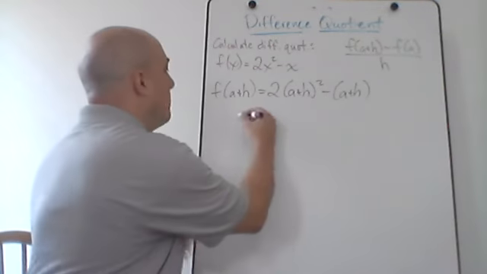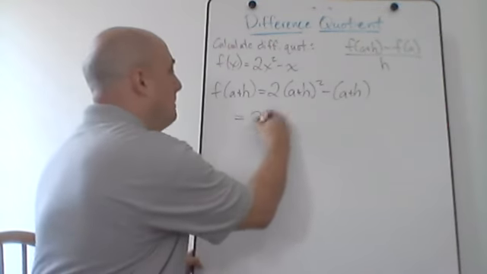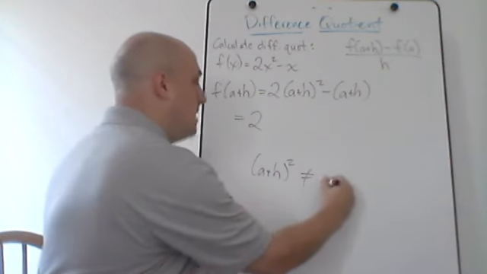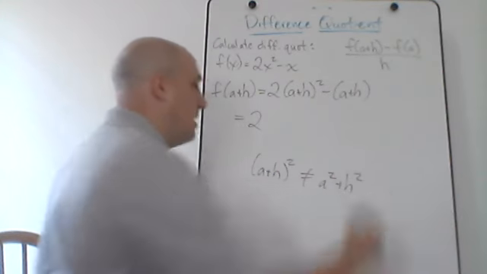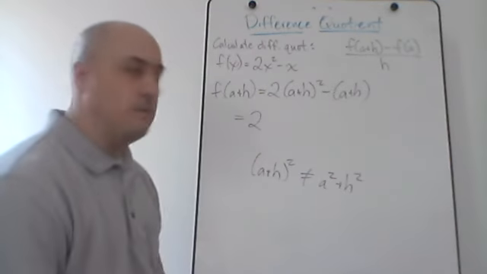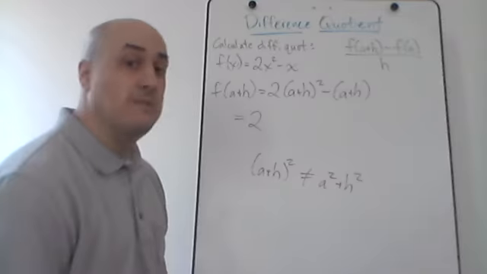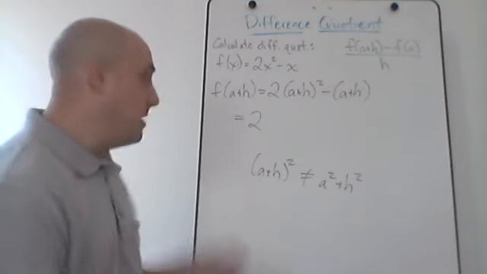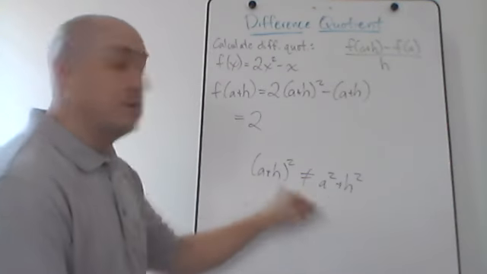So another thing that people get hung up on. Let me put this down here. A plus h squared is not equal to a squared plus h squared. I've made a few videos so far on a couple of different topics, the rules of exponents and working with algebraic expressions, where we saw stuff like this.